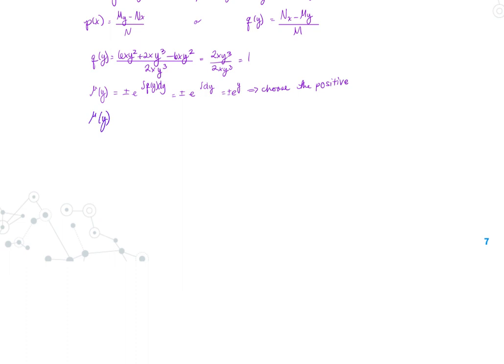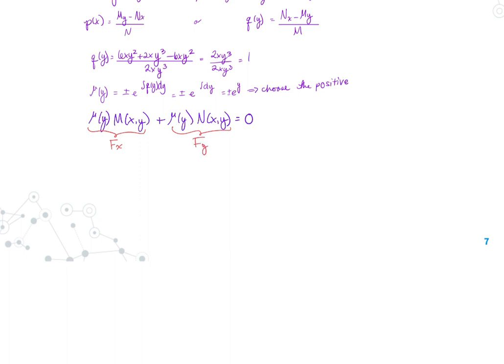So mu of y times M of xy plus mu of y times N of xy, and it needs to equal 0. And remember, this is now our new f sub x, and this is now our new f sub y.